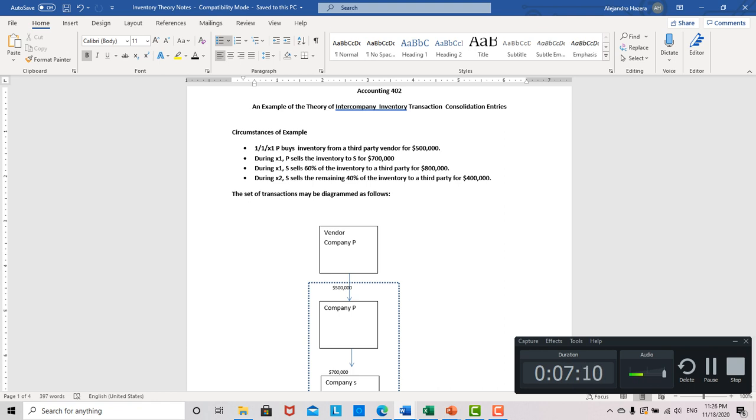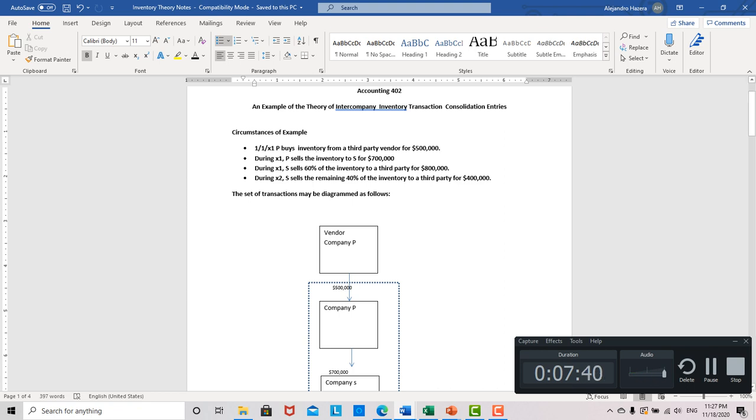This is not an intercompany transaction. Whenever P or S buys from somebody outside the consolidated group, that is not an intercompany transaction. The only valid transactions in any consolidation are the ones between P and a third-party vendor, and S and a third-party vendor. Any intercompany transaction between P and S is invalid, and that's why we make the entries we do.